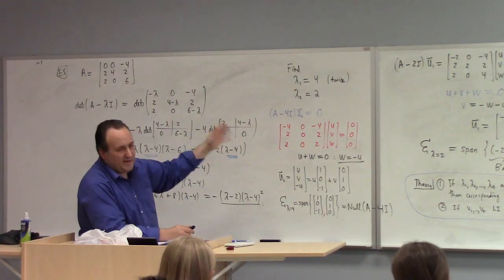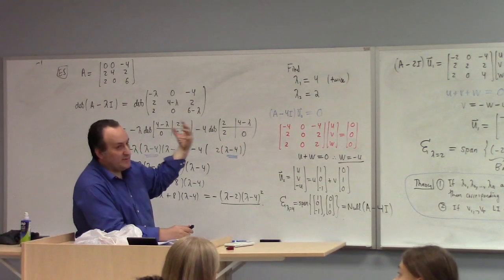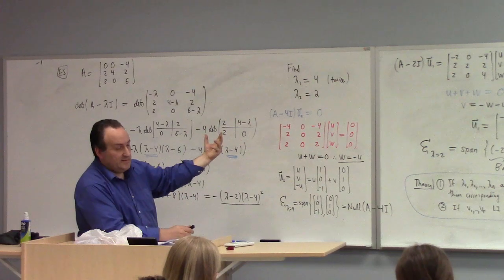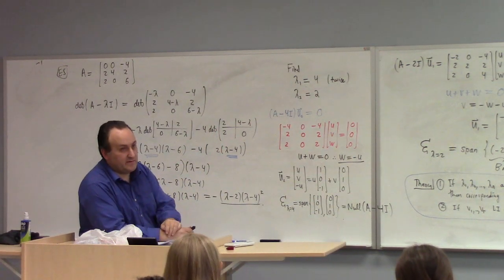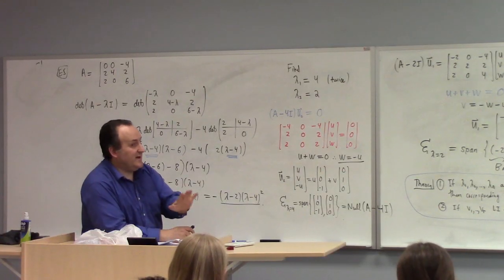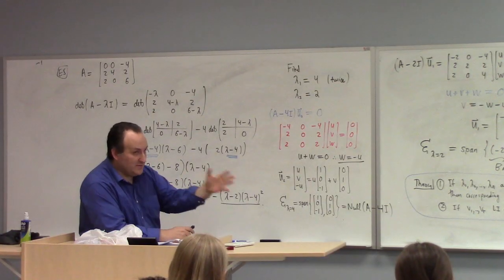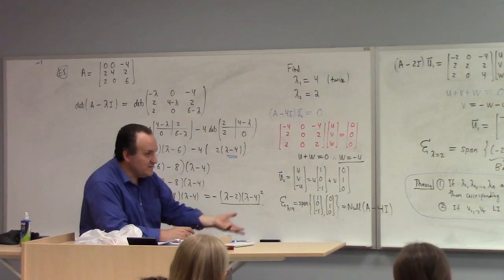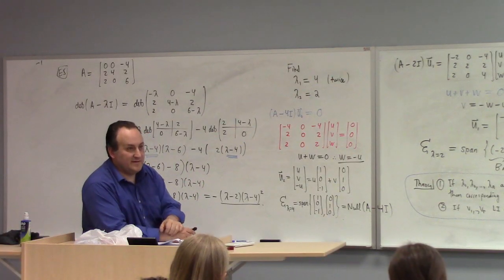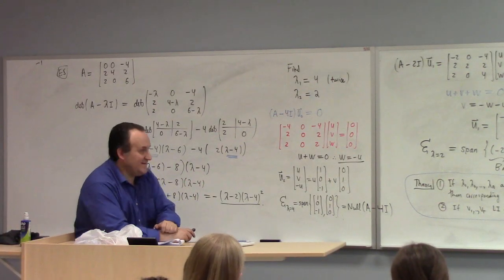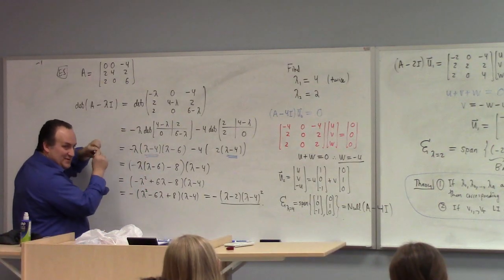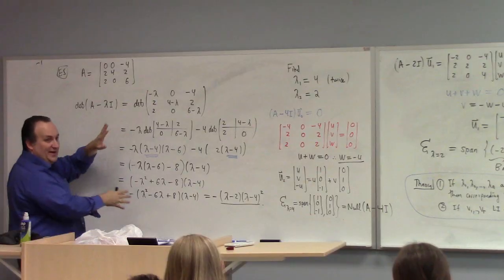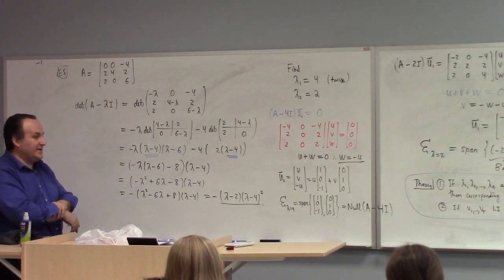For all other possible lambda, that matrix is invertible, and the only solution to an invertible matrix times a vector equal to 0 is the zero solution. So if you think you found an eigenvalue, and then you go look for the eigenvector, and the only solution you're getting there is 0, listen to what the math is telling you. The math is telling you to go back and fix it. Find out what you multiplied out wrong, because your eigenvalue is not really an eigenvalue.